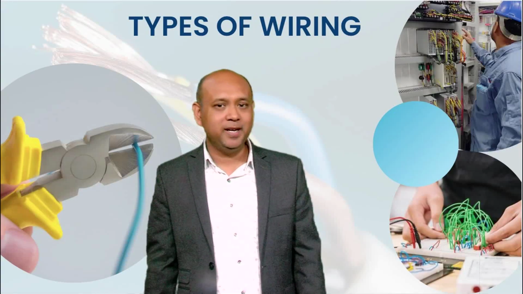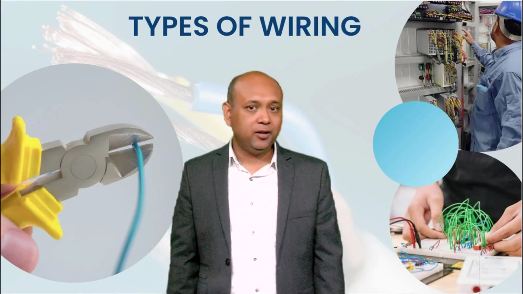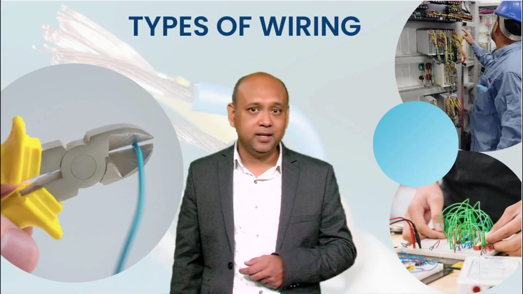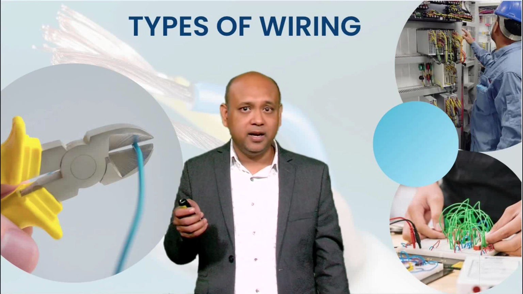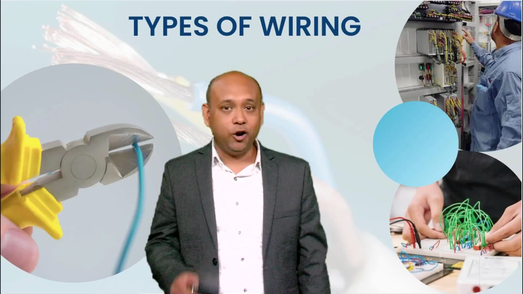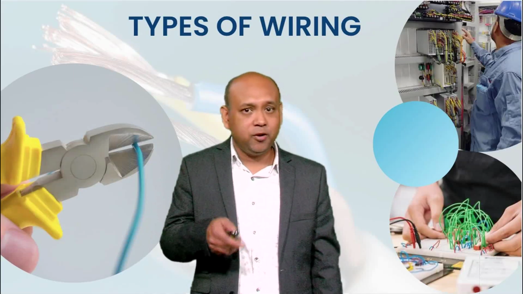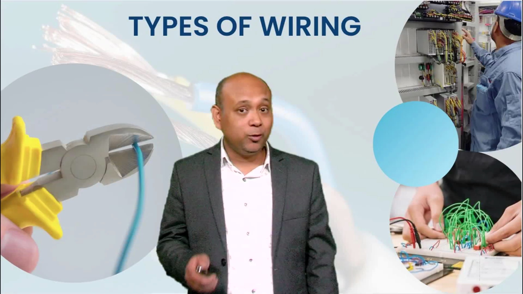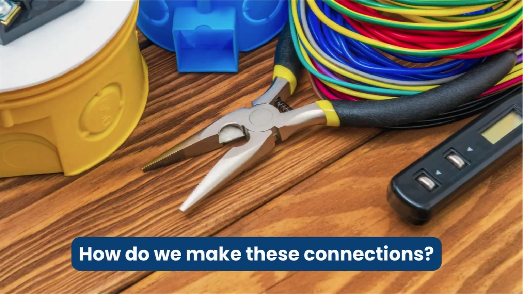So in our previous lecture, we learned that all single phase devices require a phase and a neutral connection for their working. Also, we need switches for their control. Now the question arises, how do we make these connections?